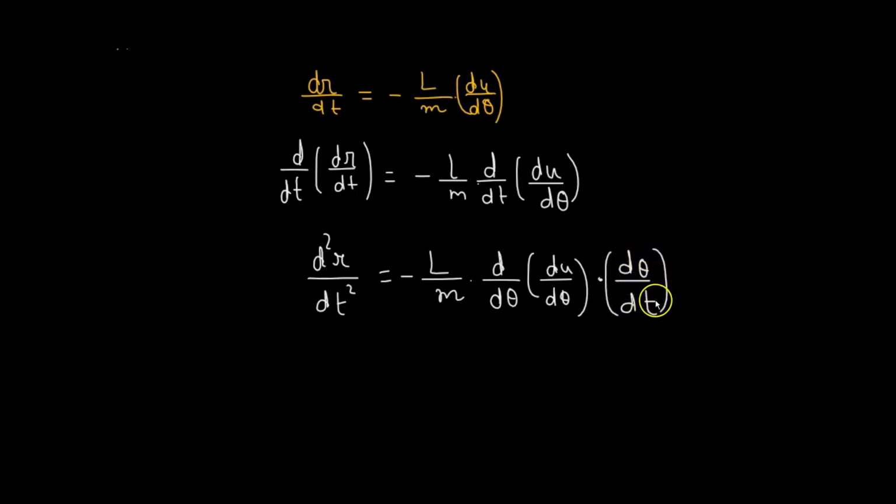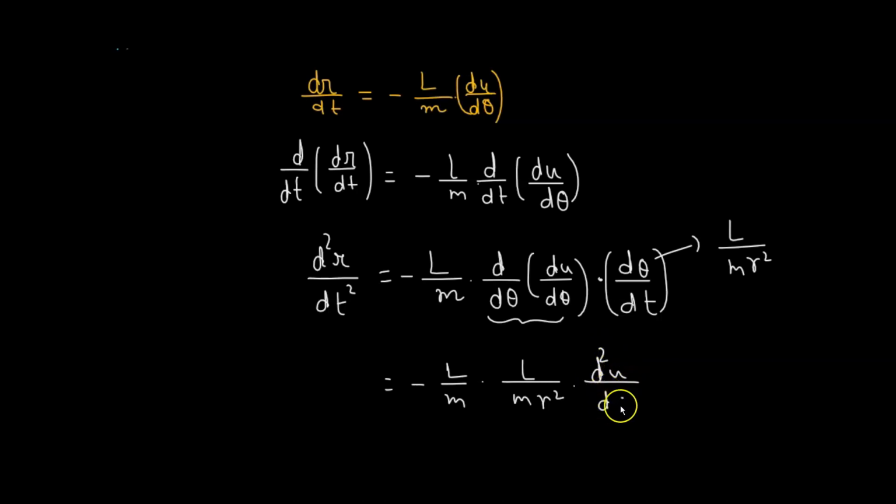This is simply theta dot, so this will get replaced with L over m r squared, and this will become the second derivative of u with respect to theta.